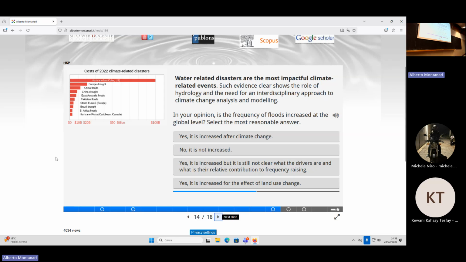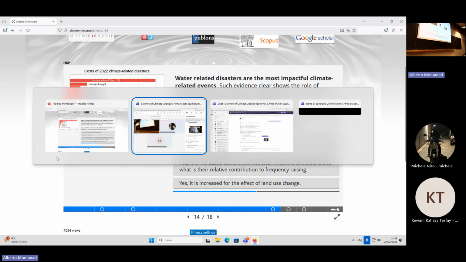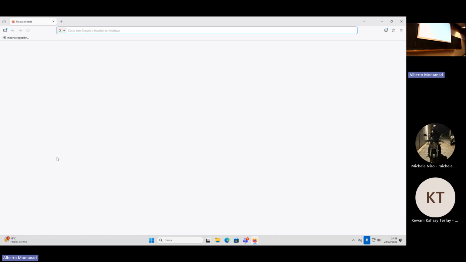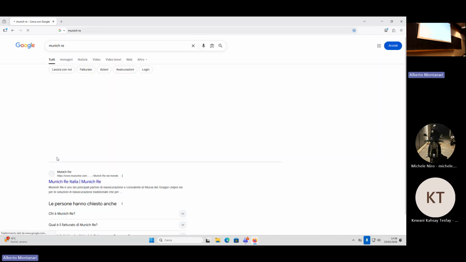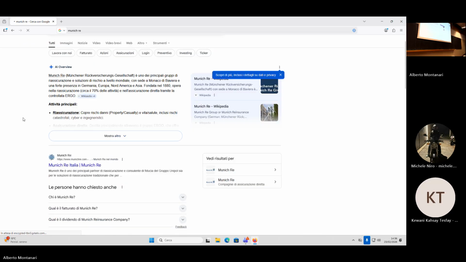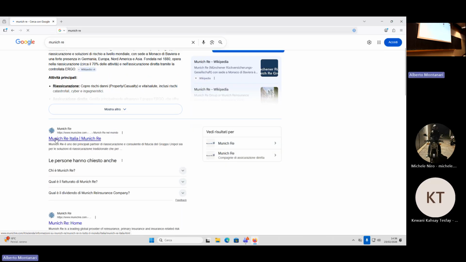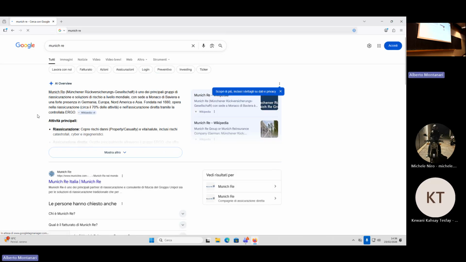There are interesting data provided by, let me just open another one, Munich RE. Munich RE here it is. Munich Re is a reinsurance company. They provide insurances to insurances. It works like this.